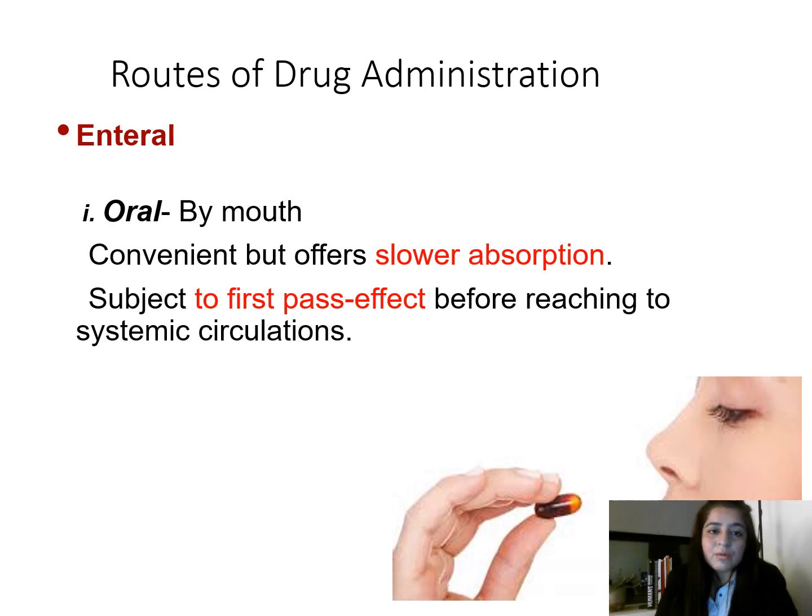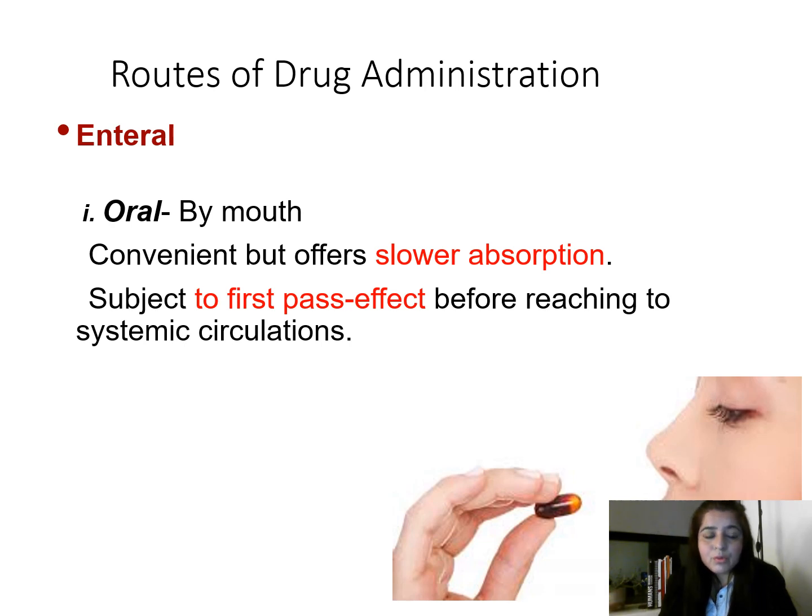So up till now, we have discussed what pharmacology is. We have discussed in what forms drugs can be prepared, what we call the dosage form. We have studied what a dose is and the types of doses.